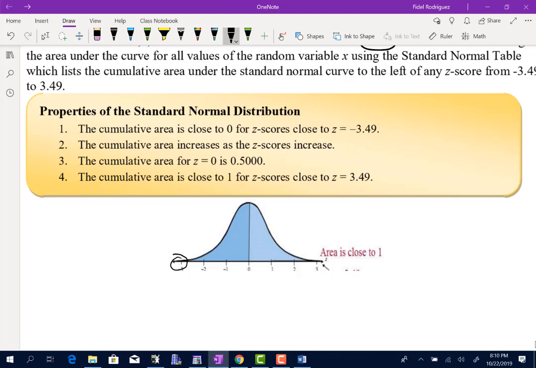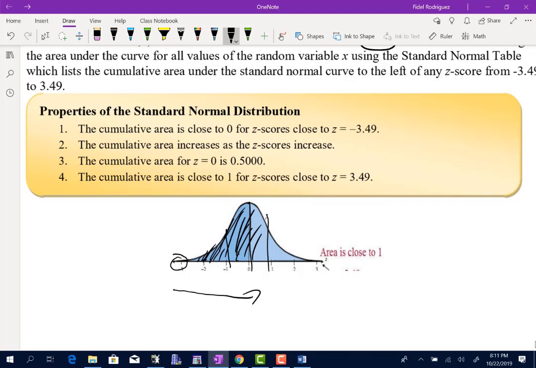Now we're saying the cumulative area increases as the z-scores increase. So guys, as I start going this way to the right and start taking slices, I'm going to look at the area here. If I take another slice, now I'm going to look at all that area. And I take another slice, now I'm going to look at all that area. The area keeps getting bigger and bigger because we're looking at more parts of the curve.